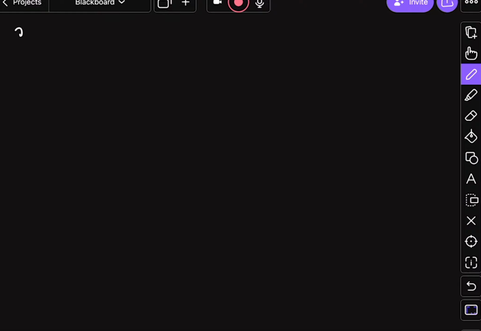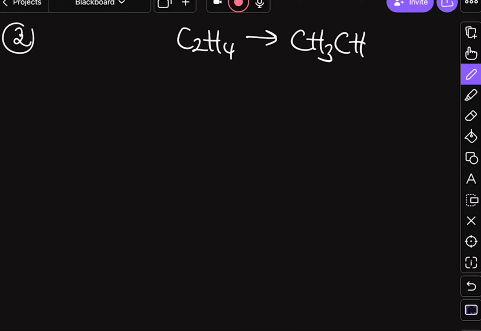Okay, so we're going to look at a second mechanism for ionic addition, and in a question, if it was given in an actual organic synthesis scheme, it might look something like C2H4, and I'm going to change how it might be written. It might be written as CH3CH2Br.